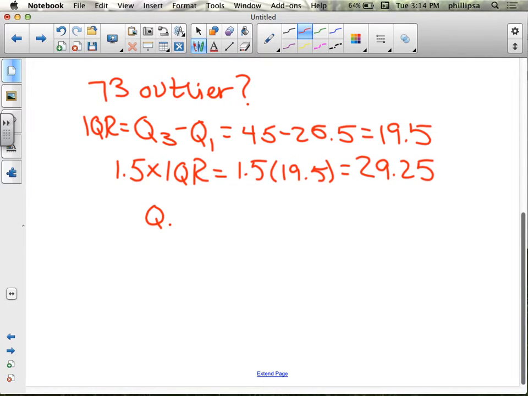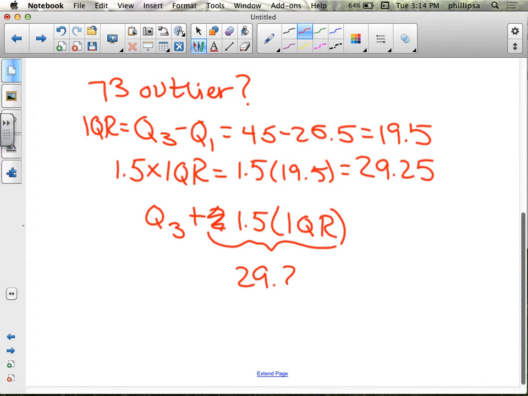For Q1, we don't really have an issue because that's going to bring us to numbers that are not possible. You can't hit negative home runs. So let's just address the 73 at Q3. Q3 plus 1.5 times your IQR, which was 29.25, plus your Q3 at 45, gives you 74.25 as your cutoff. 73 is less than that, and so 73 is okay.